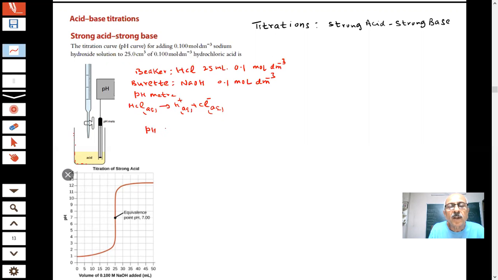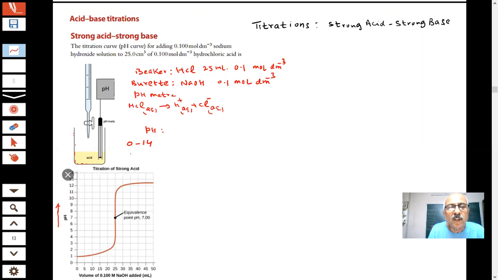I have two coordinate axes. In one axis, I am taking the pH. You can see the pH here, going from 0 to 14.